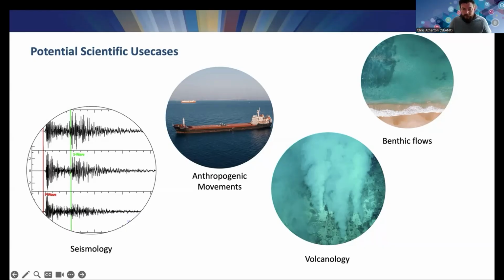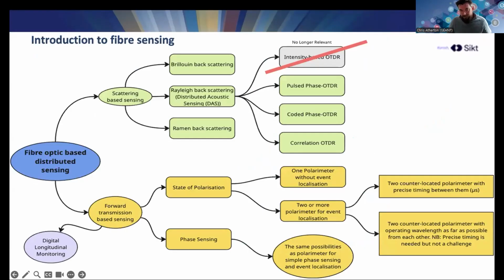The thing that we're looking at, you can put down as two arms of fibre sensing. One is called scattering-based sensing, and this is where we send a laser into a fibre, and every time there's a reflection that comes back from the point that it bounces off the side of the cable, that then becomes a sensing point and creates a static sensor at that location.